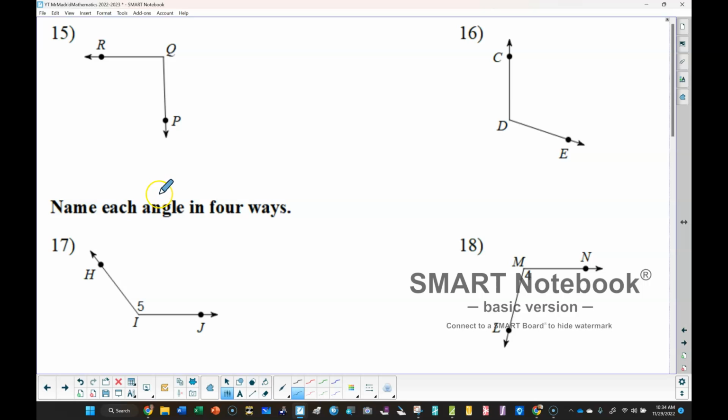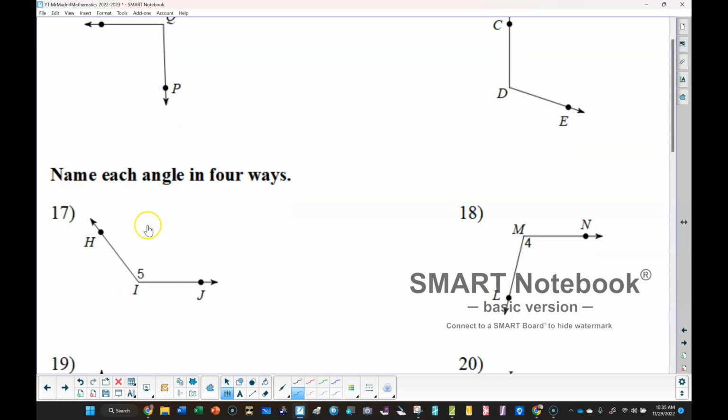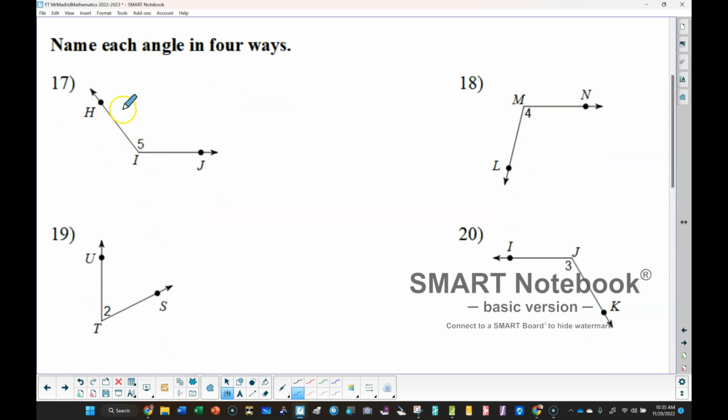Let's move into the other exercises. The next one that looks interesting is number 17. This one says name each angle in 4 ways. Here's the angle, and they want it in 4 ways. So what are the different names? Let's call this angle I. What's another name?